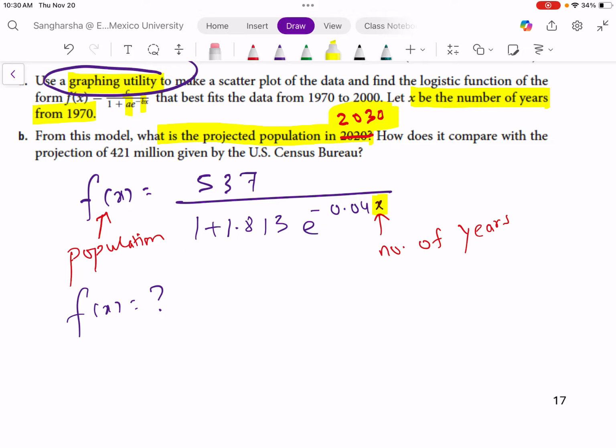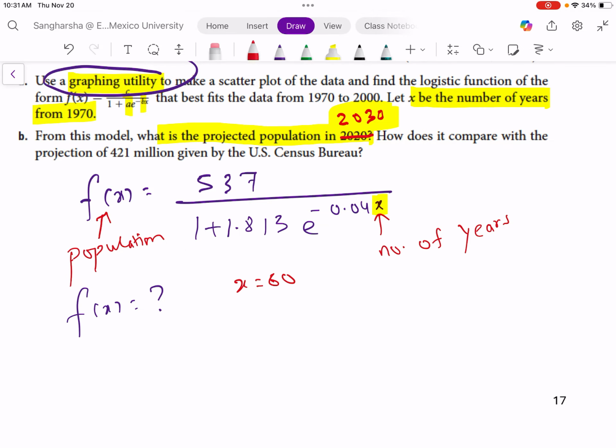So after how many years from 1970 do we get to 2030? After 60 years, right? So for 2030, our x is 60.